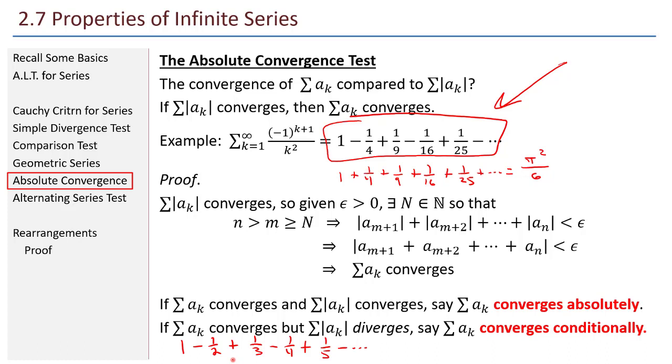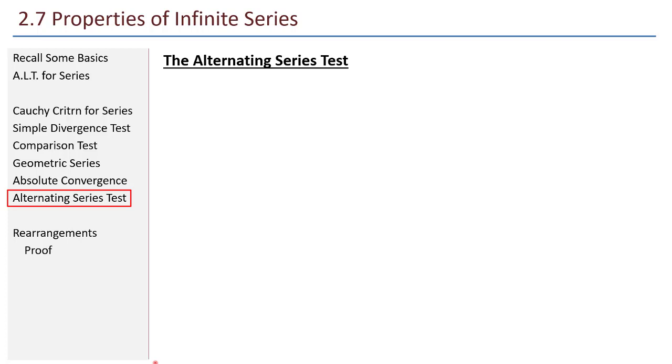It's the harmonic series, but alternating. It seems reasonable that this should converge. I haven't proven it, but it does. But in absolute value, it does not converge, it diverges. So this series at the very bottom of the screen converges conditionally.